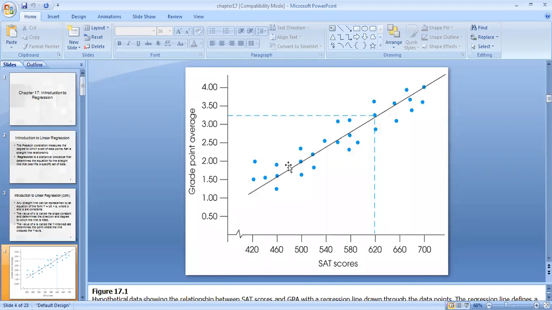Suppose this is the line, this is the x-axis, and this is the y-axis, the grade point. Okay, these are the SAT scores in any subject. The scores start from 420 and end with 700. So for each individual SAT score, we get a grade point.